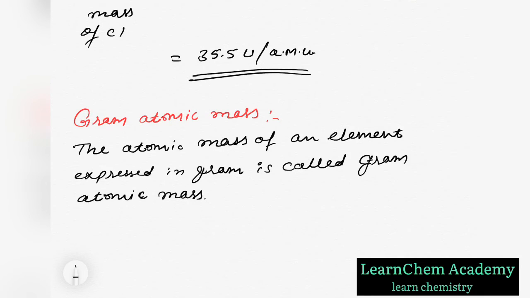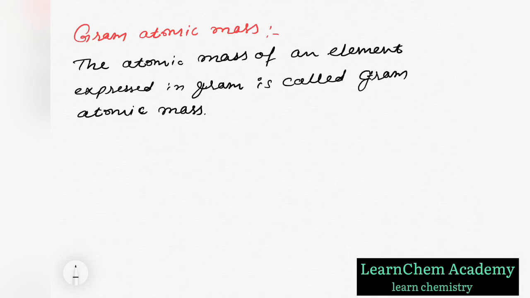Okay, this is very simple. When we express mass in gram, that is called gram atomic mass.